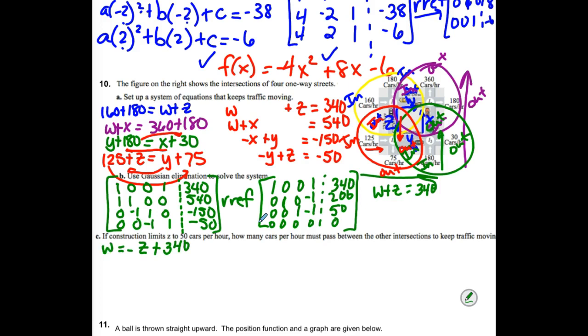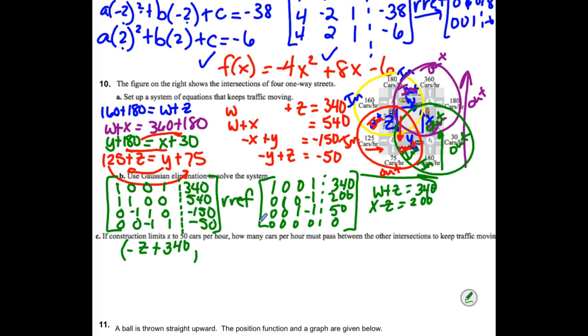Yes? So when I go to write my system or my ordered quadruple, that's going to be my W expression. Yes? My second line tells me an X minus a Z equals 200. Okay, so if I solve for X, I have to add the Z over.